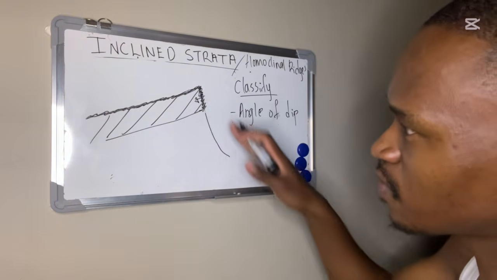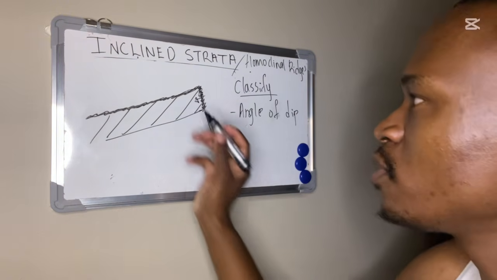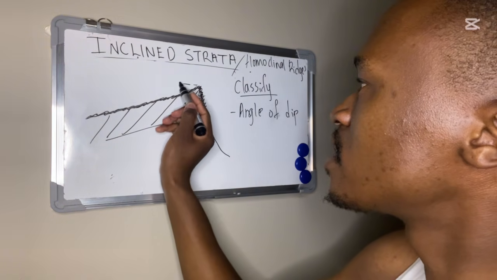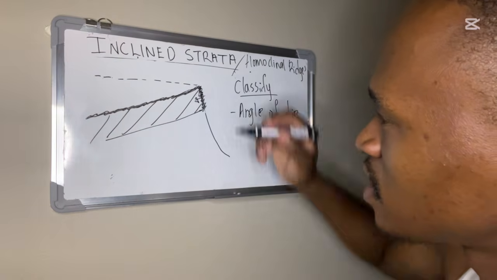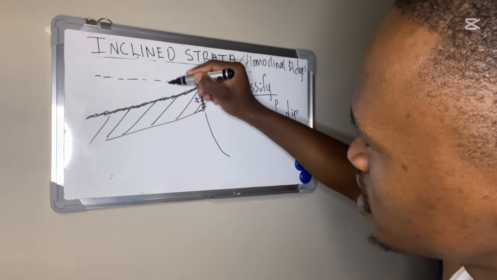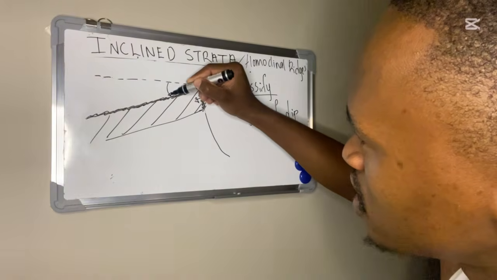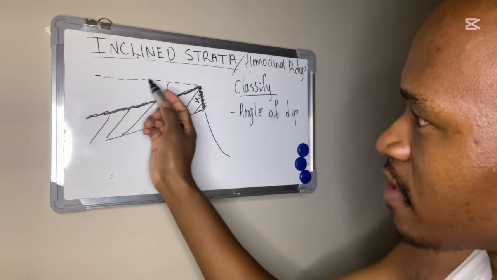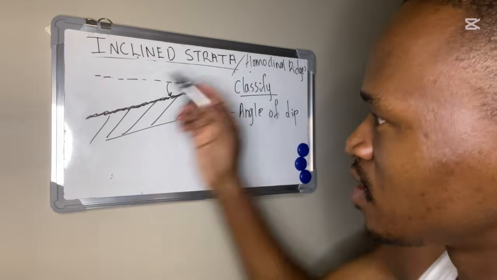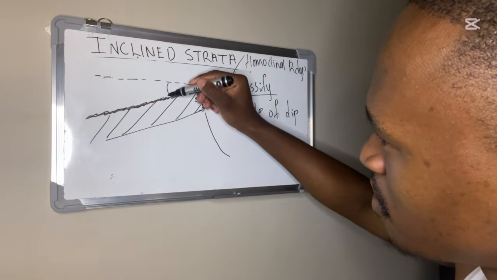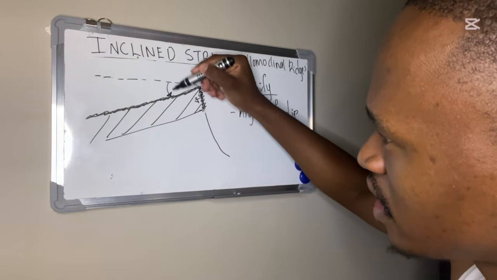This is my landform, right? Now I'm going to draw a line there, a dash line. It is imaginary, right? Now this angle on this side where we have our dip slope, can you see that from this horizontal line which I just drew, this broken horizontal line towards my hard rock, can you see this angle?